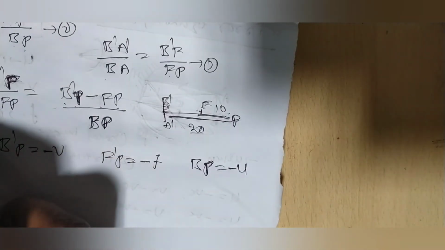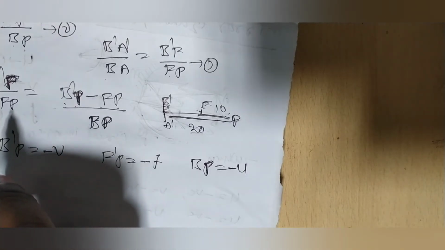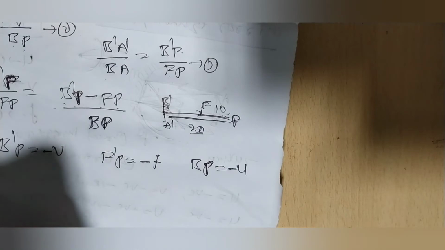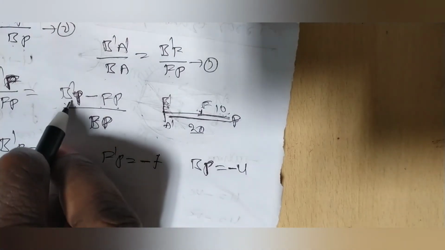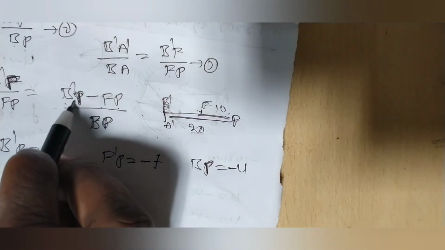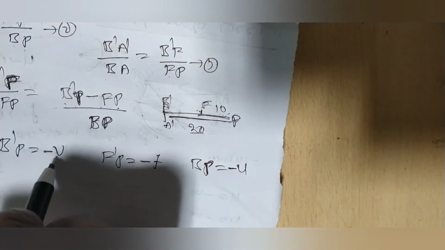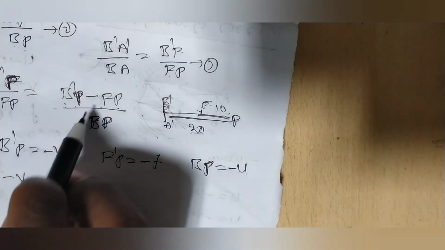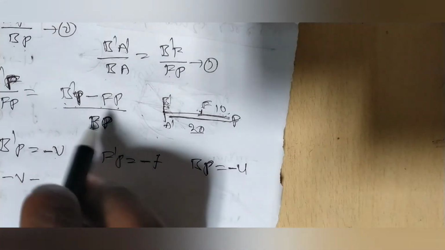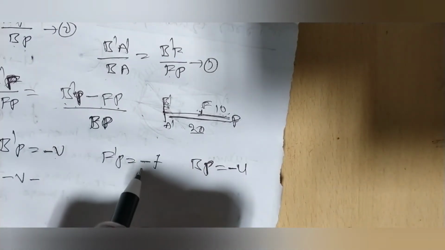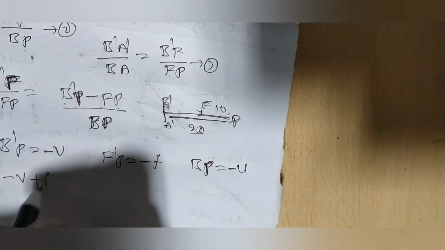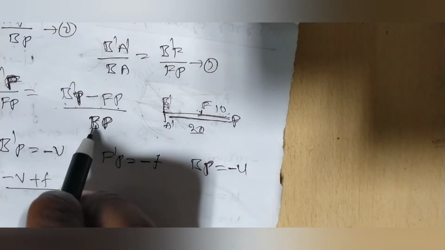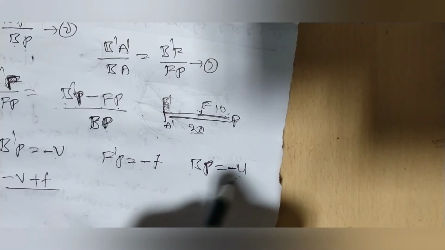This one, b dash f is equal to b dash p minus fp. b dash p means minus v, minus into fp. fp means minus f plus f, by bp. bp means minus u.